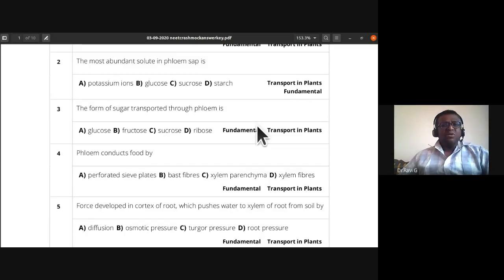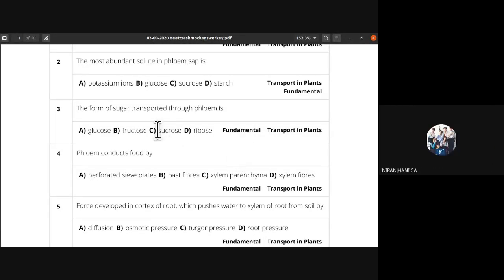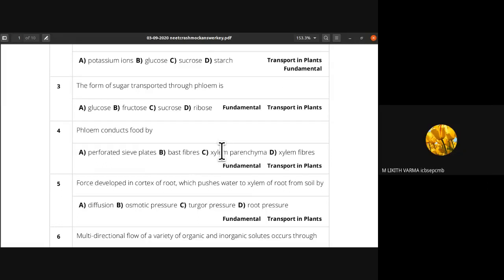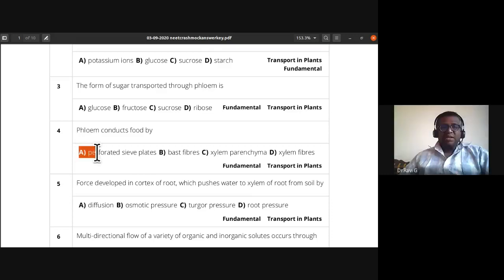Which is the form of sugar transported through phloem? Yes, sucrose. It is the same thing, but they have asked the question in a different way. The answer is sucrose. Phloem conducts food by perforated sieve plates. Yes, the answer is perforated sieve plates.